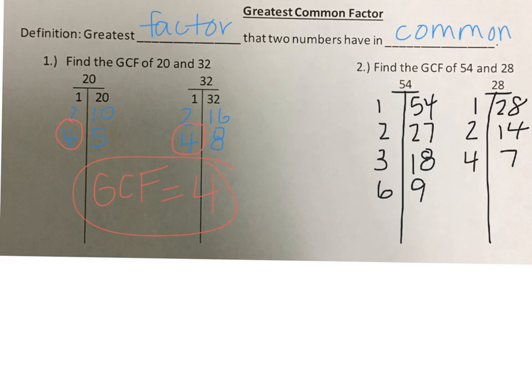So looking at all of our factors, for 54, we have 1, 2, 3, 6, 9, 18, 27, 54. And then for 28, we have 1, 2, 4, 7, 14, 28. So our greatest factor that the two numbers have in common is the number 2. So our GCF for these two numbers is 2.